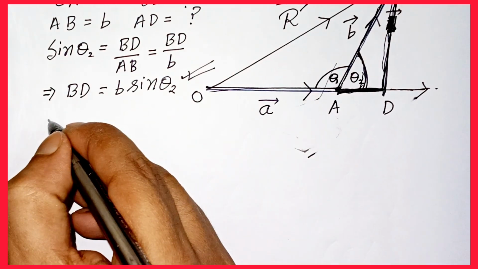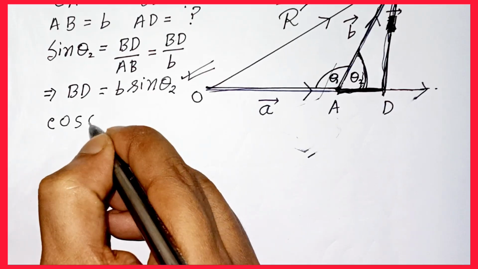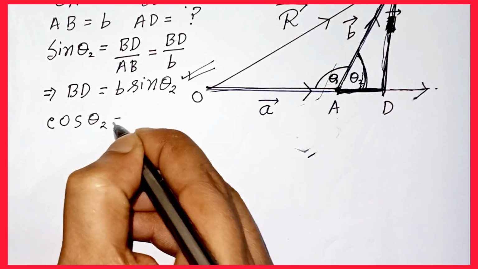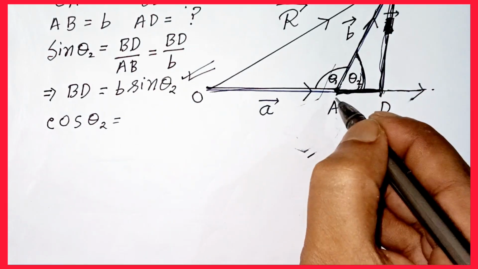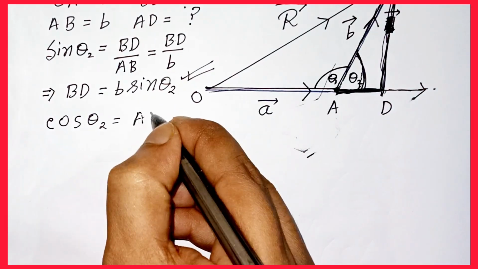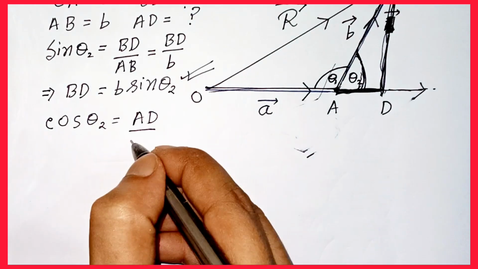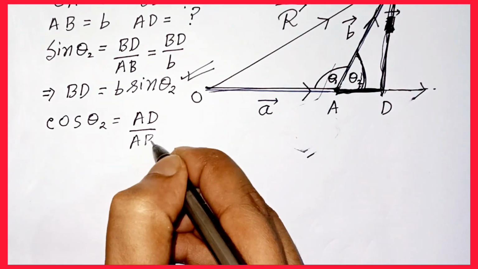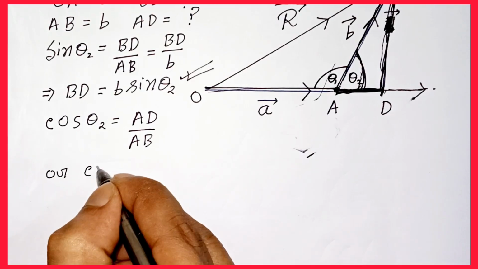Now you have to find the length of AD. So you have to take cos theta 2. Cos theta 2 equals base by hypotenuse. Base is AD, hypotenuse is AB. So cos theta 2 equals AD by AB. AD is the unknown term, but you know the value of AB.